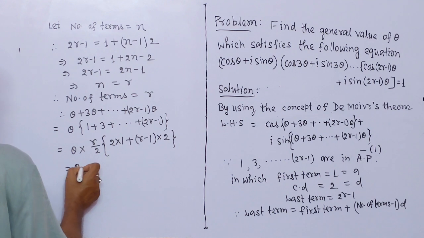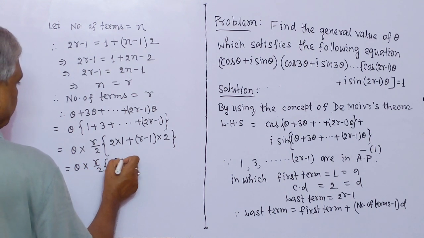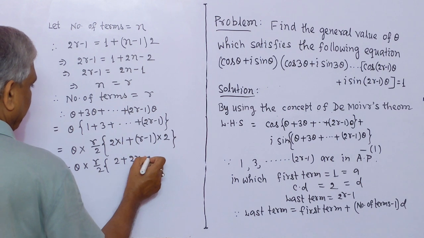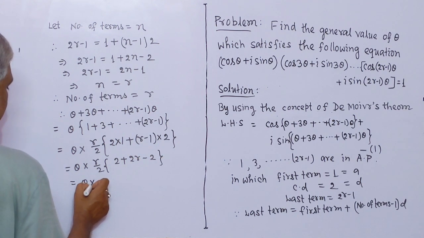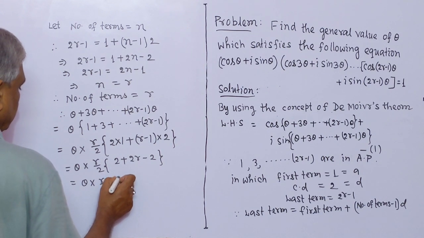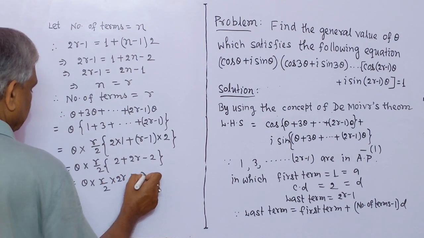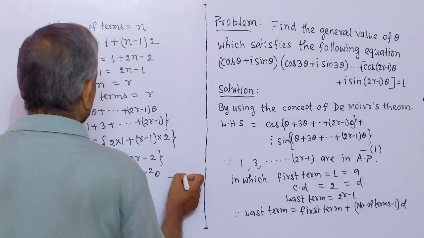This equal to theta multiply r by 2 (2 plus 2r minus 2). This is theta multiply r by 2 multiply 2r, and this is r square theta. This is number 2.